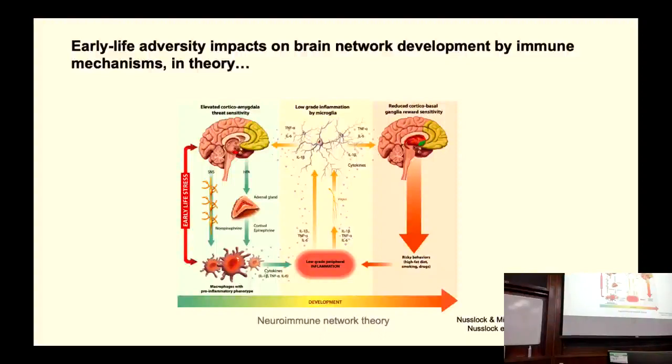So the key thing here is thinking about the immune system as the conveyor of a memory of early life exposure, early life adversity exposure that modifies brain network development over time.